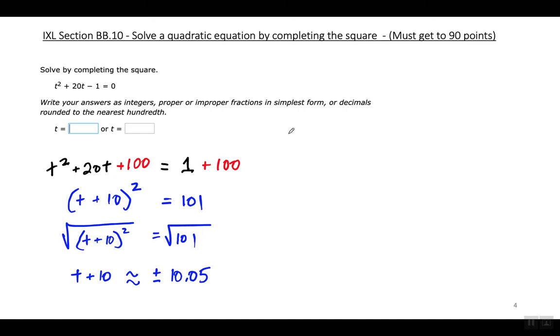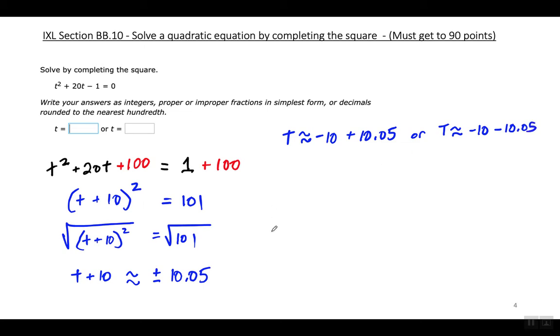So t is approximately, when I move the 10 to the right side of the equation, it becomes negative. So t is approximately negative 10 plus 10.05, or t is approximately negative 10 minus 10.05.